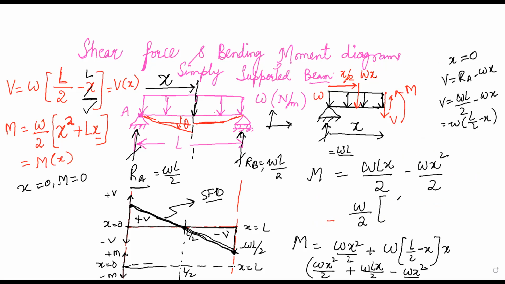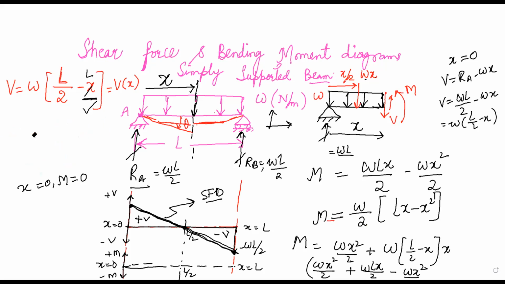What will be inside? It will be Lx minus x square. Okay, so this is our bending moment M. So I have to make a correction here as I write the value of this M. The bending moment M is equal to w by 2 multiplied by Lx minus x square.